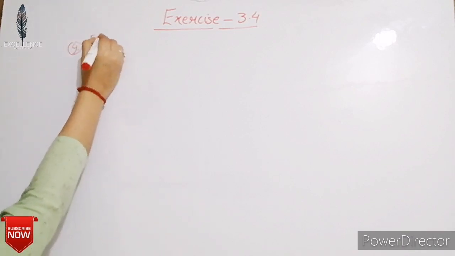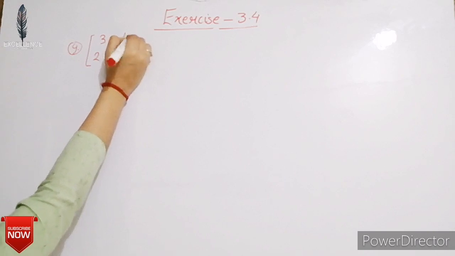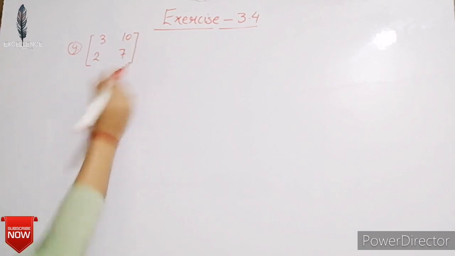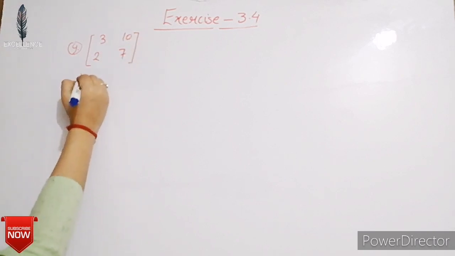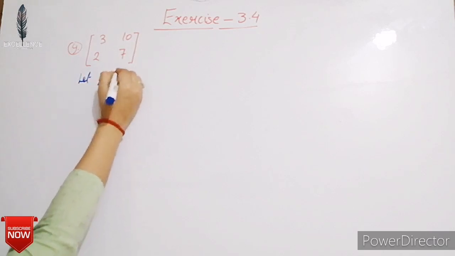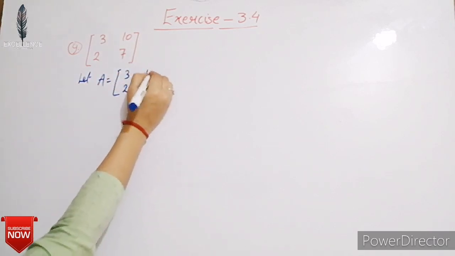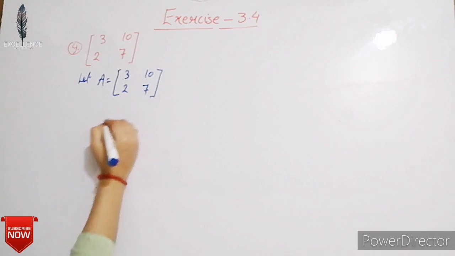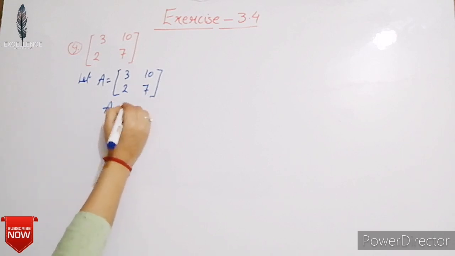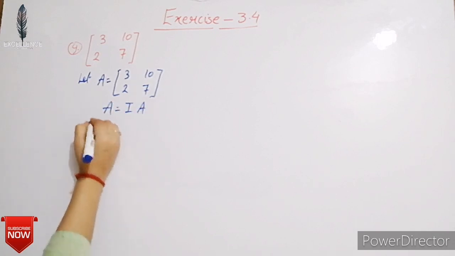Here A equals 3, 2, 10, 7. Now A equals IA.